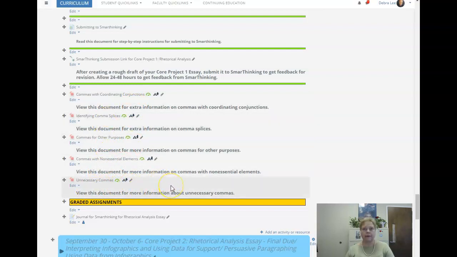You already have information in your little Seagull handbook. You already have information available through working on your inquisitive exercises, but this is more information if you feel like you need it. This is just something to review. Nothing for a grade, no exercises here. It's just more information about commas, if you feel like you need it.